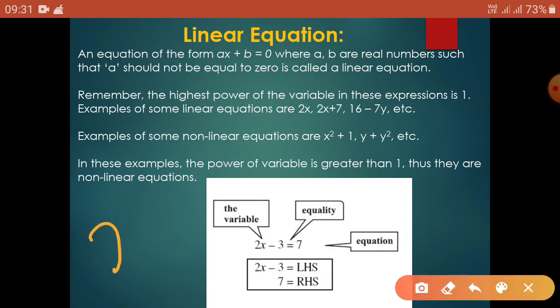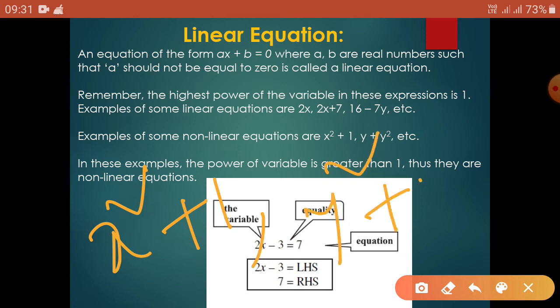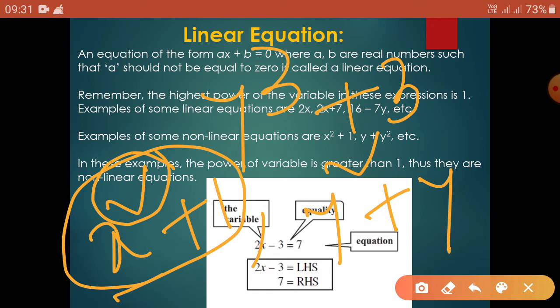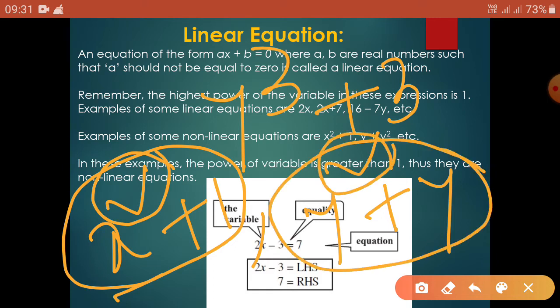Like x square plus 1, y square plus y, or y cube plus 3. All these are not linear equations because the highest power here is 2, and here it is 3. So in a linear equation the power of the variable should not be greater than 1.